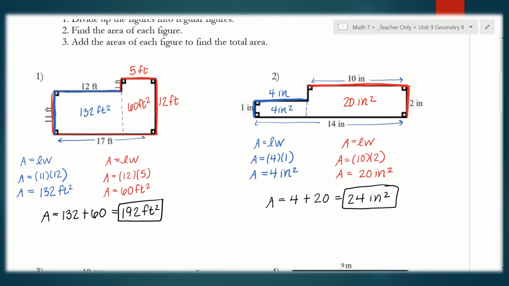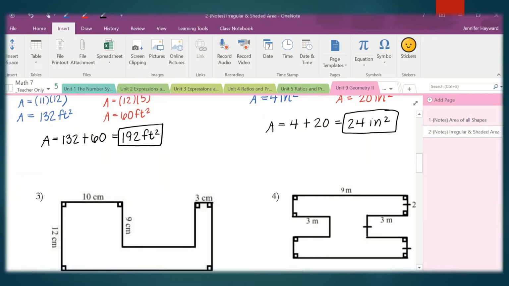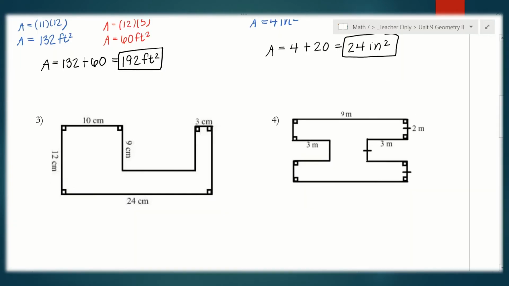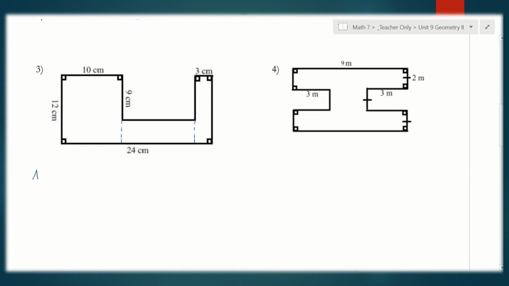All right, let's do a couple more like that. So we have in number 3 a shape that you might want to consider splitting up into more than 2 shapes. Okay, so if I were to pick, I would split it up like this, and I would make it into 3 rectangles. Okay, so I'm going to start with this rectangle on the left.